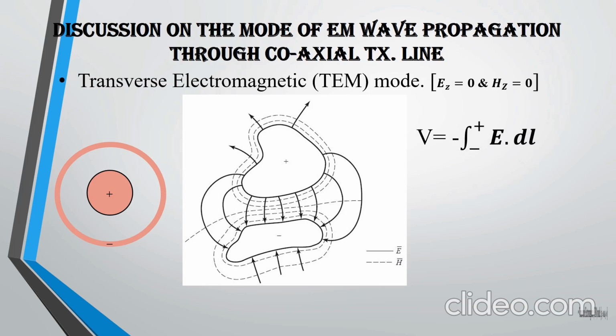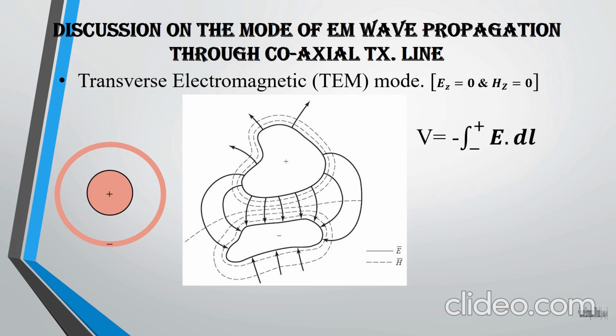Now if we describe this figure, the solid line represents electric field and this dotted circulating line represents magnetic field.